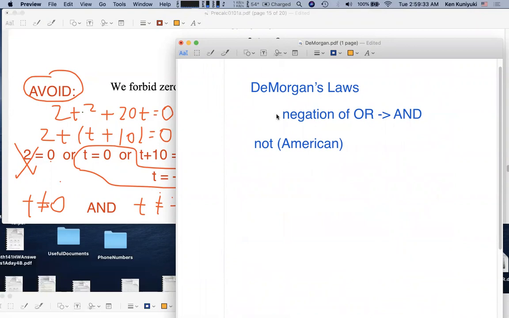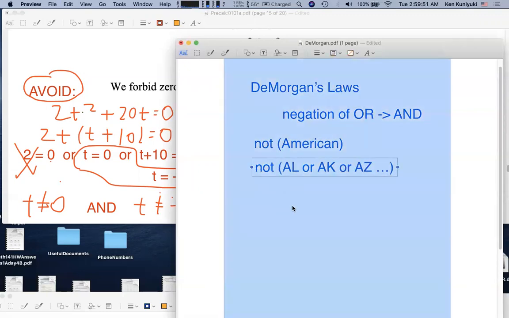So for example, what does it mean to not be an American? Well, what does it mean to be an American? It means that you're an Alabaman, or an Alaskan, or an Arizonan, or so forth. But wait a minute.